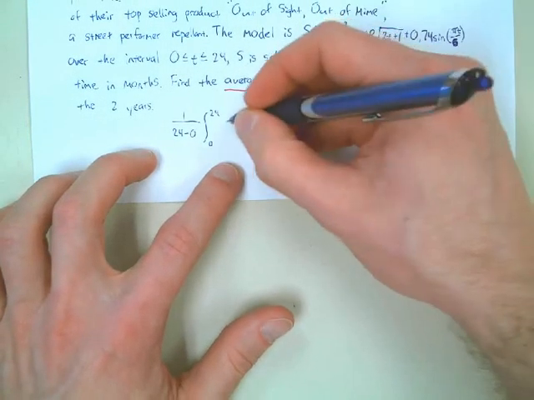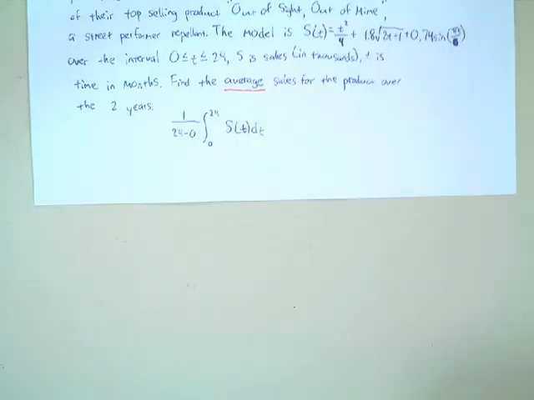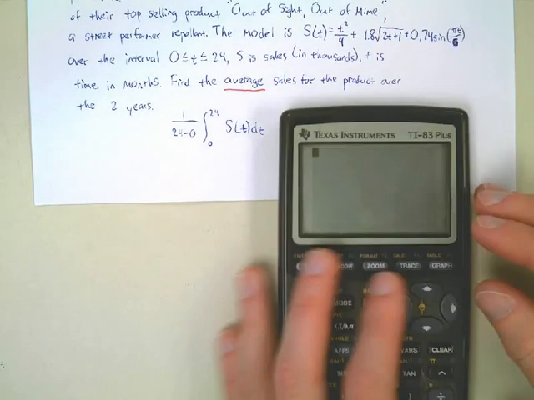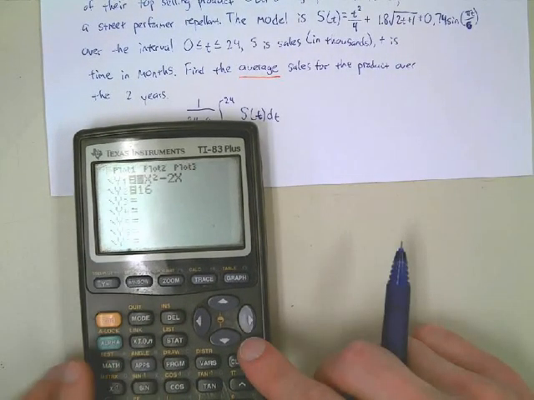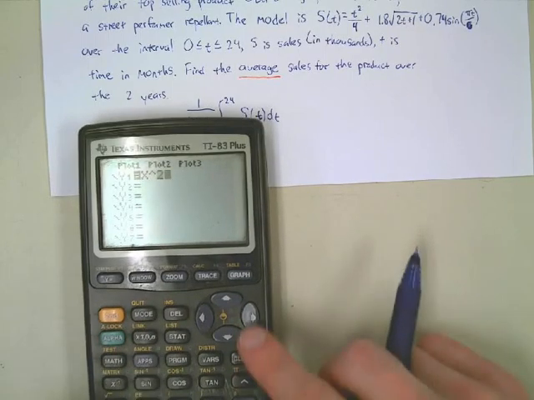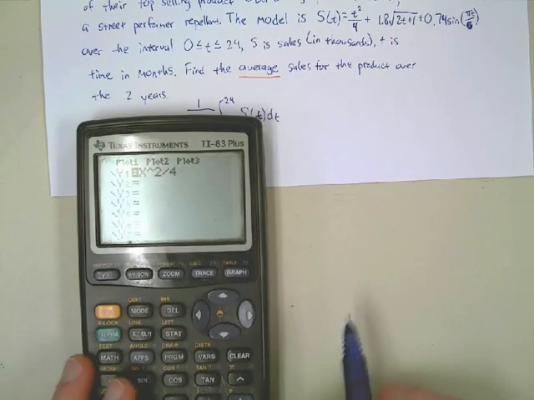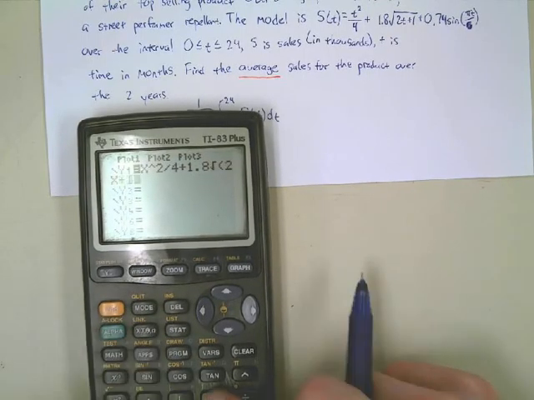Then dt. My recommendation, if you have a calculator without the pretty type, is to type it all in your y1: x squared divided by 4 plus 1.8 square root of 2x plus 1 plus 0.74 sine of pi x divided by 6.